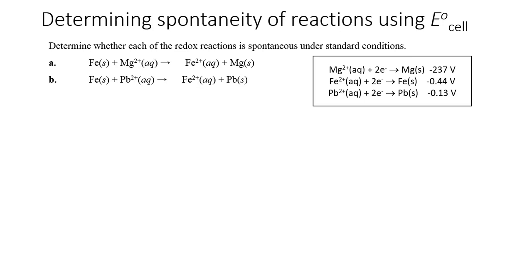Now we want to determine whether each of the redox reactions is spontaneous under standard conditions. So what you are looking for is answering the question, is each E cell positive? So that's the question we are answering here.